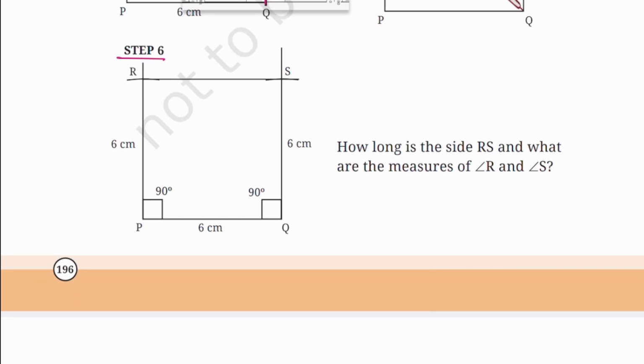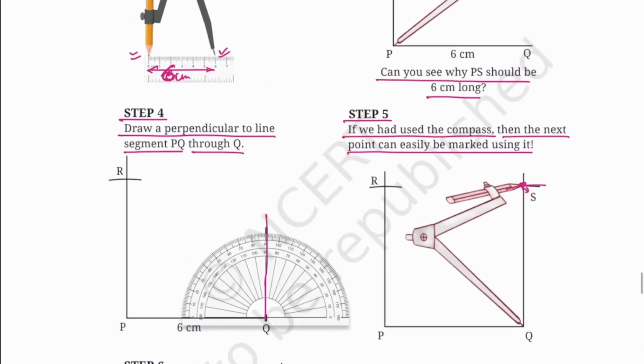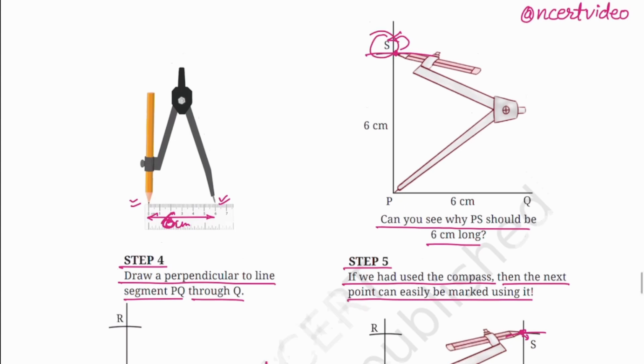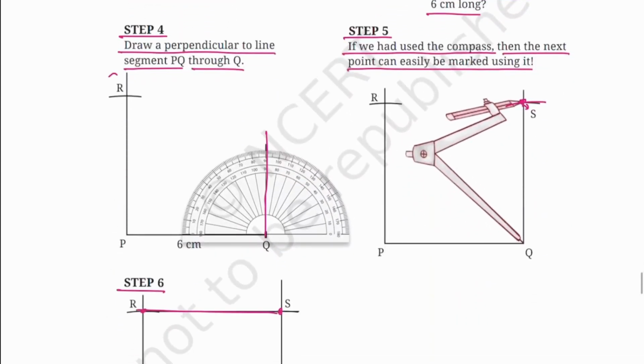Join R to S. Please note that the naming here has some mistakes. This point is S. In the next picture, this should be S, this should be S, and this should be R.